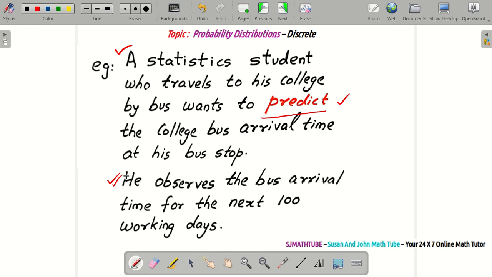There is something very important for statistics students: observation, collecting data. So what did he do? He started collecting data. He observed the bus time for the next 100 working days.